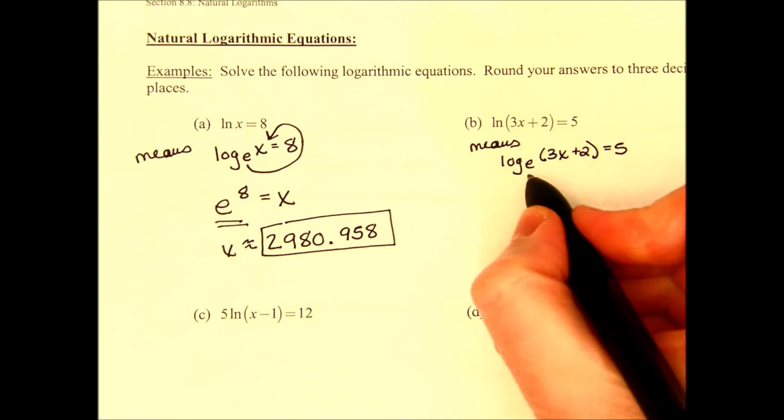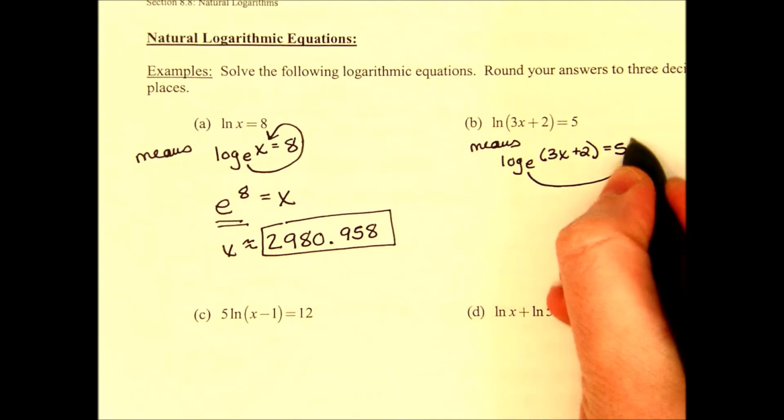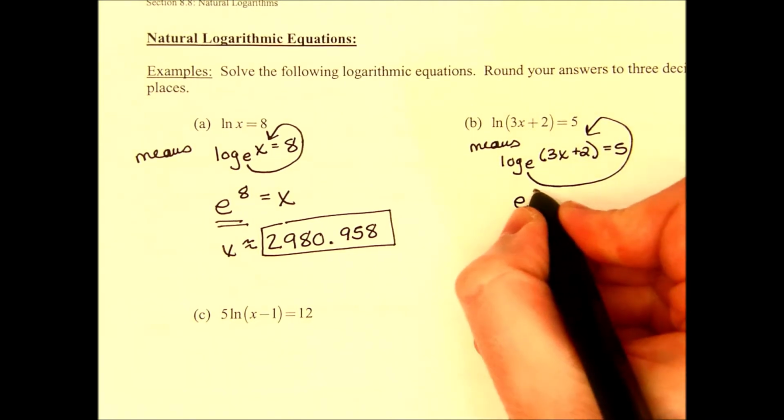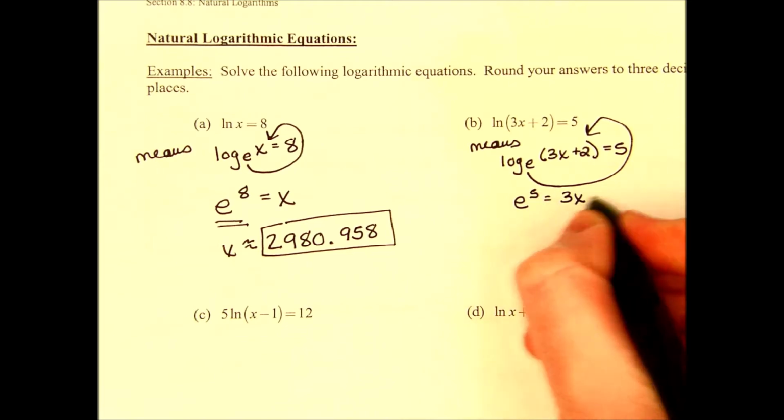We're going to convert this to exponential form. And I'm going to say e to the 5th equals 3x plus 2.